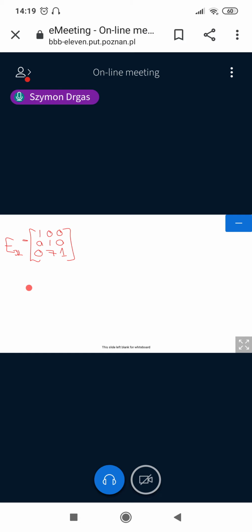So we have just to write 0, 1, 0 because we want just the second row multiplied by 1. We want to have it in the first row. Then we want to have the first row in the second row. And finally, we can leave the third row unchanged. So this is a permutation matrix.